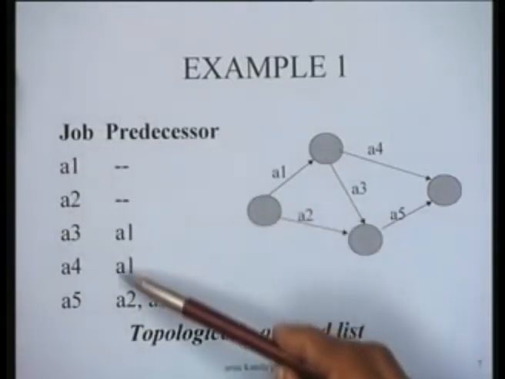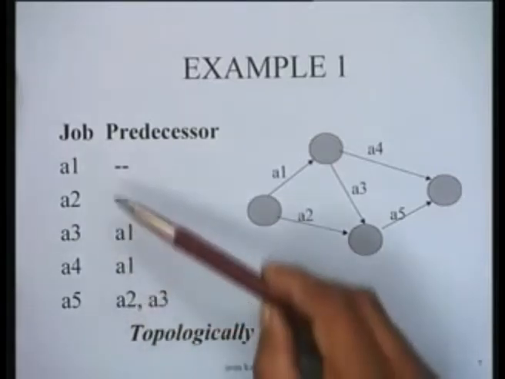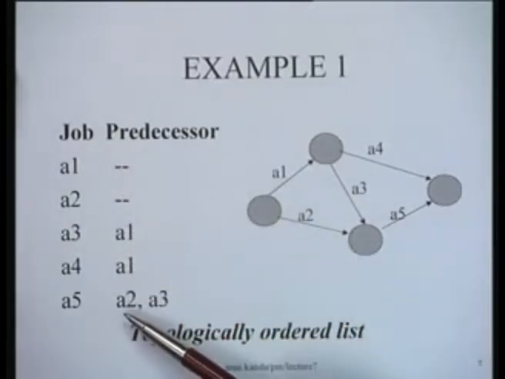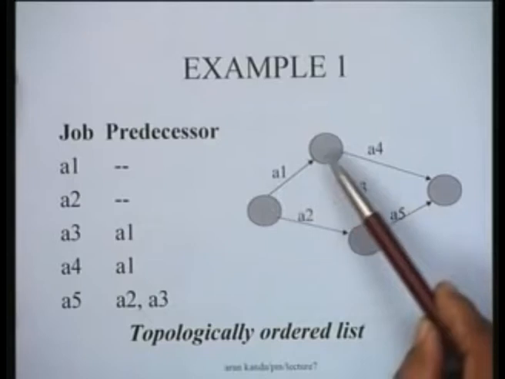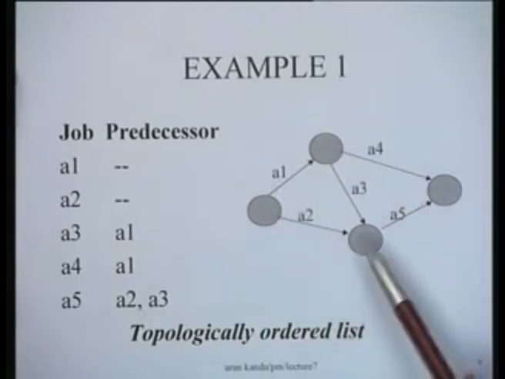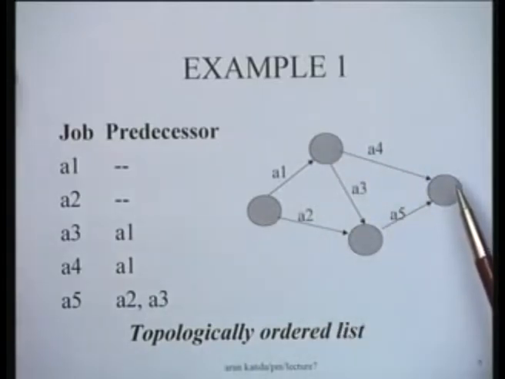So, we have been able to topologically order the jobs. So, this is a topologically ordered list. It shows that the network is consistent, and you can see that the project network is actually a network something like this. It has no loops.